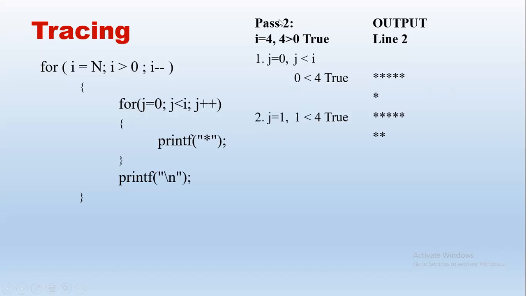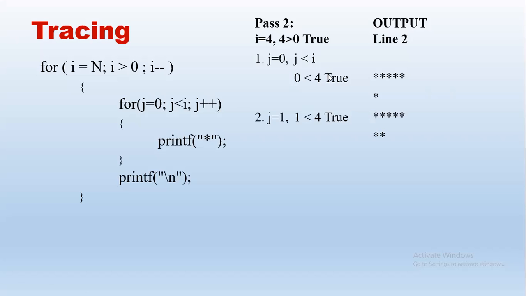Condition is true. We need to print a star, right? So the star is printed for the second time in line 2. So in the second step of pass 2, the star is printed for the second time in line 2, right?